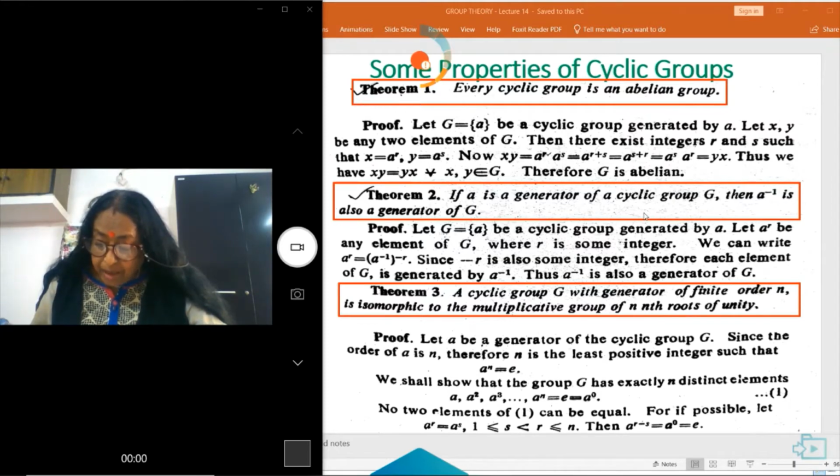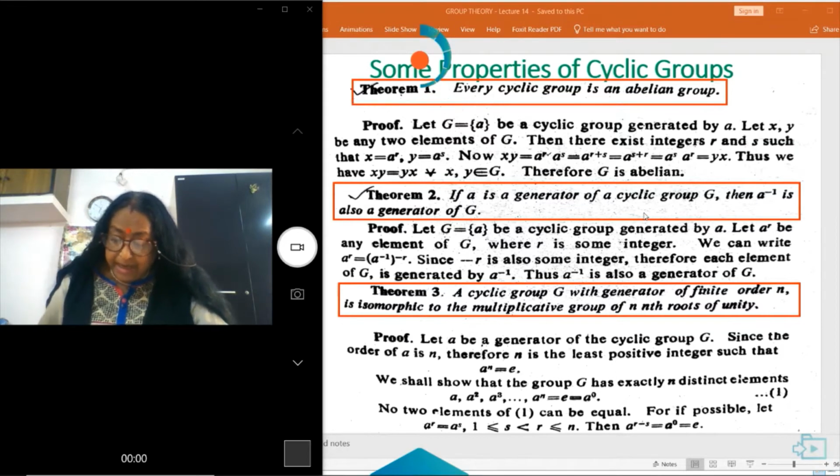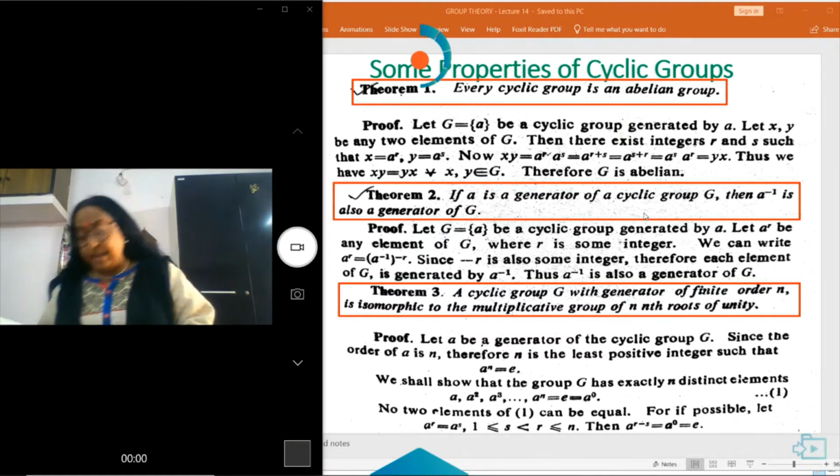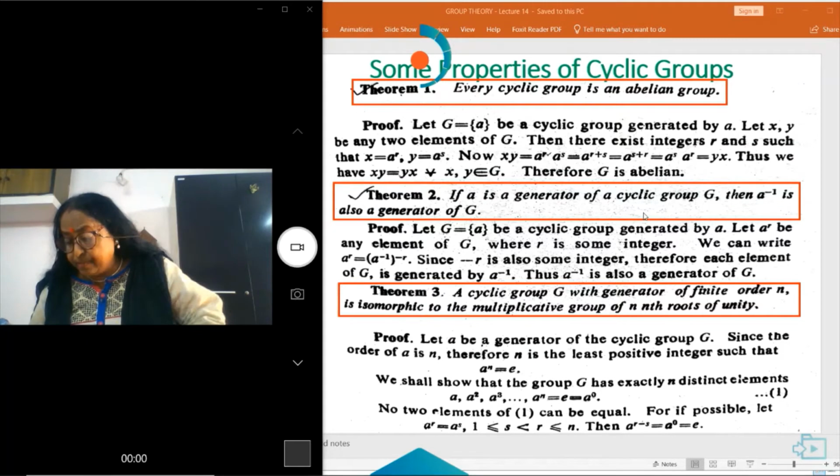Now, x into y is equal to a to the power r into a to the power s, equal to a to the power r plus s, equal to a to the power s plus r, equal to a to the power s into a to the power r, equal to yx. Thus, xy is equal to yx for all x and y belonging to G, therefore G is abelian.